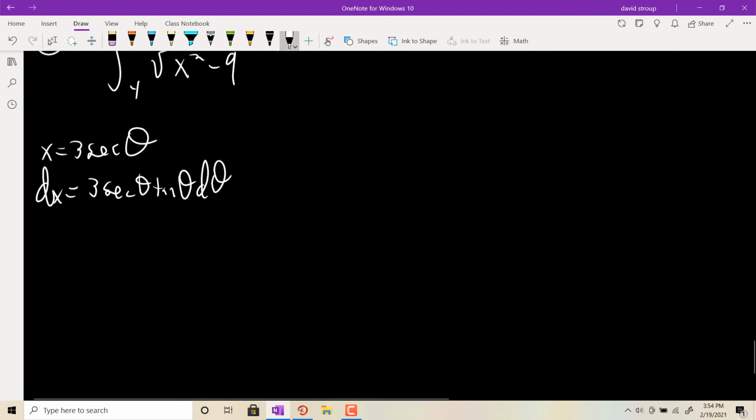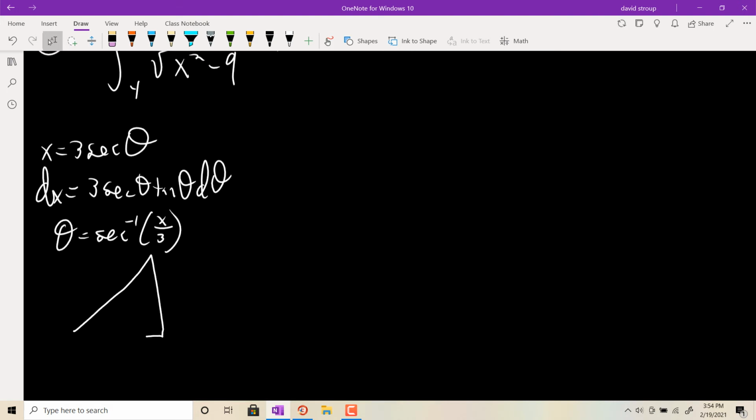And then theta will equal secant inverse of x over 3. And then let's just go ahead and get our triangle out of the way for our back subs. Secant is 1 over cosine, so this will be hypotenuse over adjacent. And then the third side, by Pythagorean theorem, will be the square root of x squared minus 9.